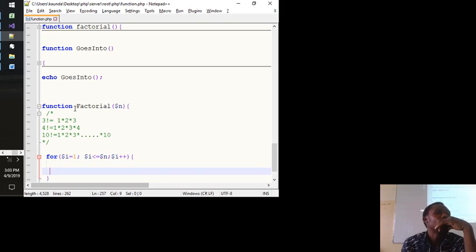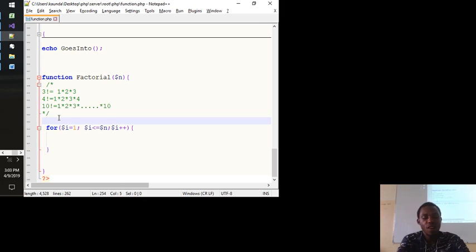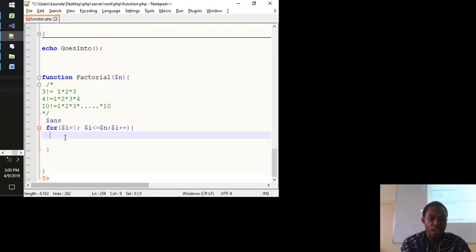So that is all. We've gotten the structure. We just have to be multiplying. So let's say our answer will be this one, then you multiply by your i, and that's all.